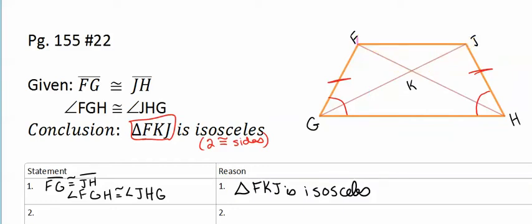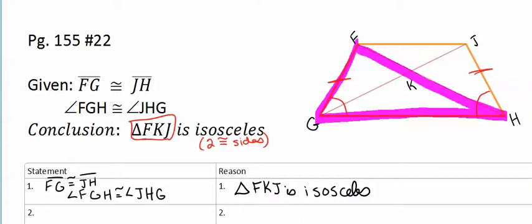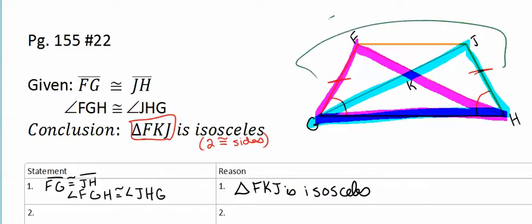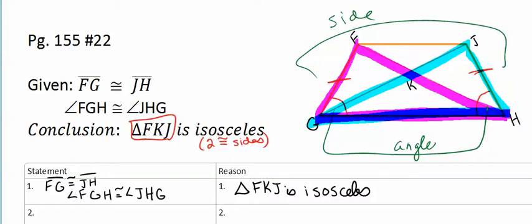We can prove that triangle FGH and triangle JGH will be congruent because we have a side and an angle. And if you notice, they overlap at GH, so we also have another side based on the reflexive property.